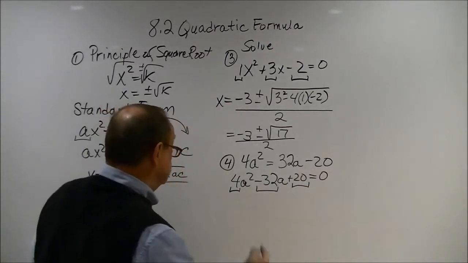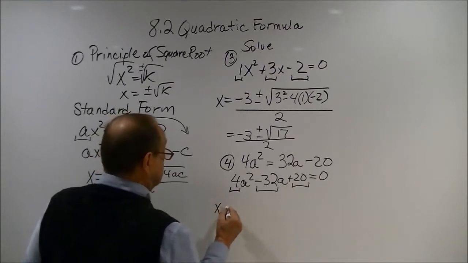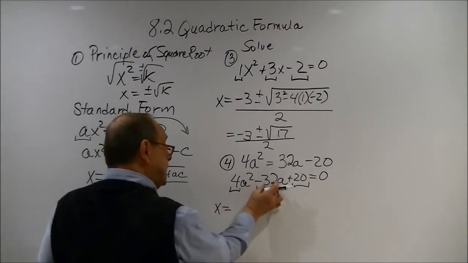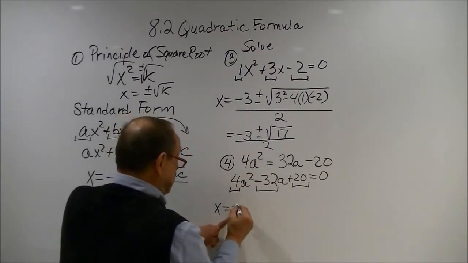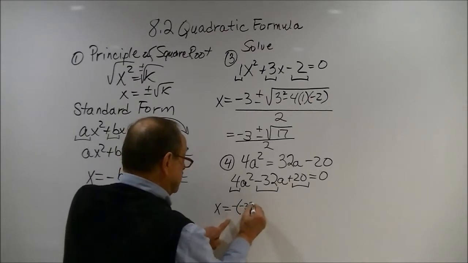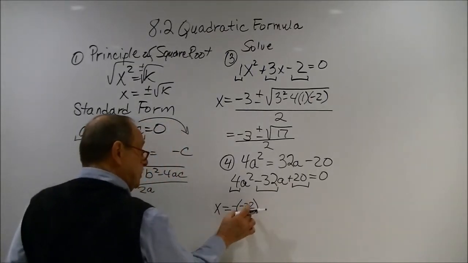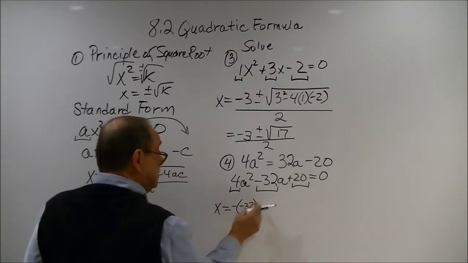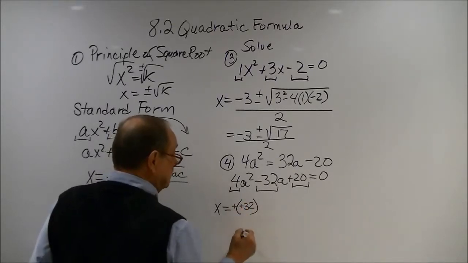So then you substitute into the quadratic formula, x equals, now notice, B is a negative 32. So we would have to write that minus a negative 32. So can you see here that this value is going to become positive? Because the opposite of a negative would make this a positive.